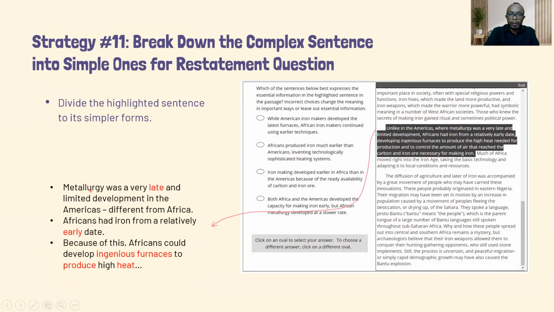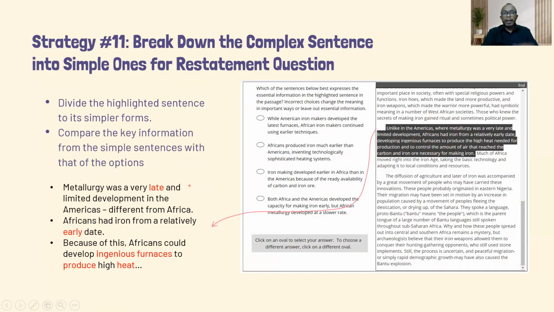So it will look like this. From this long, complex sentence, the key ideas are broken down to 3. Now, after you break down the complex sentence into simpler forms, you can easily compare it and check it against the options.